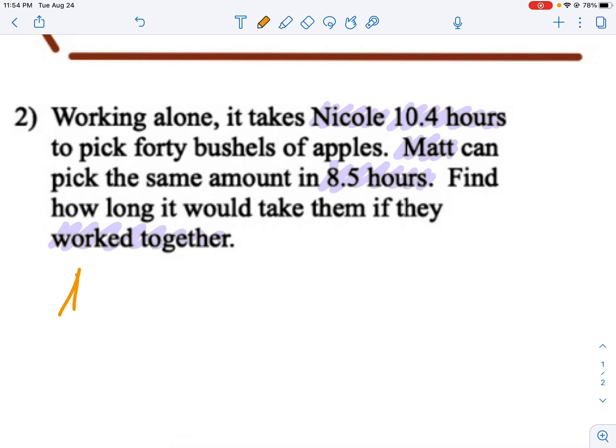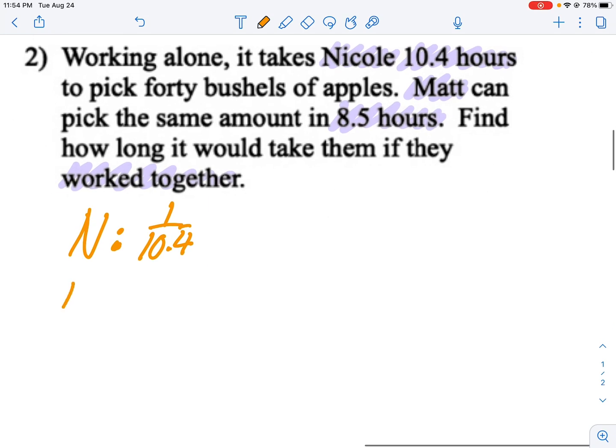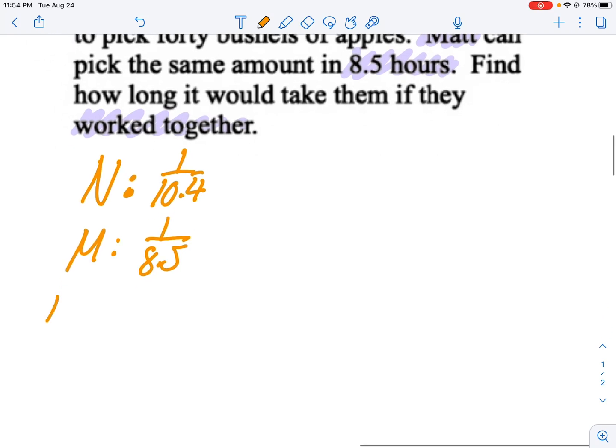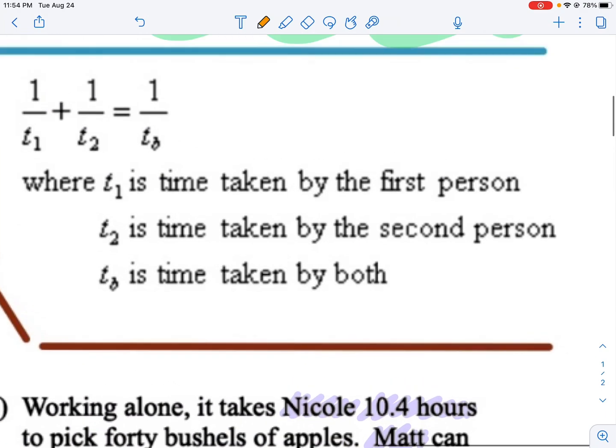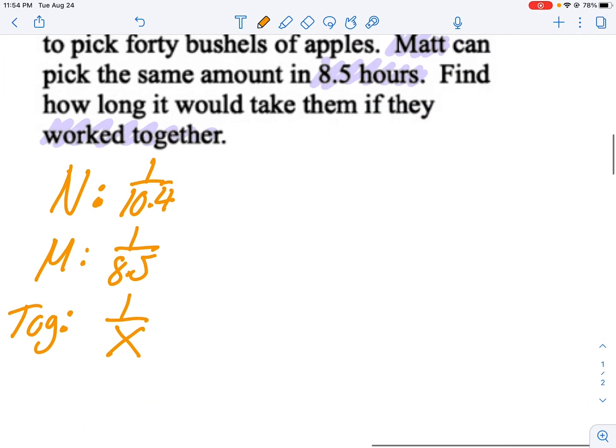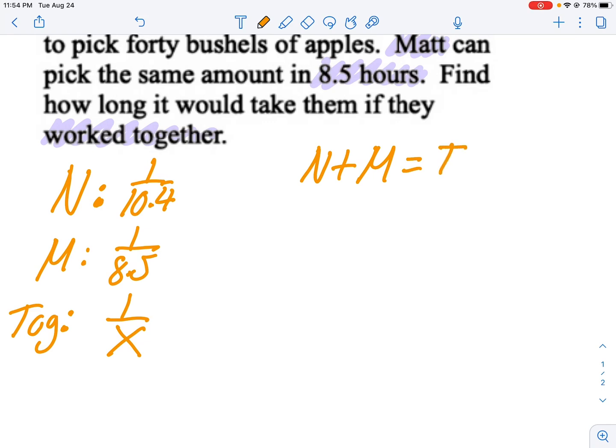So we know Nicole, it takes her to do one job 10.4 hours. Matt, it takes him to do one job 8.5 hours. And together, we don't know how long it would take. So we follow the formula: Nicole plus Matt is equal to how long would it take together?